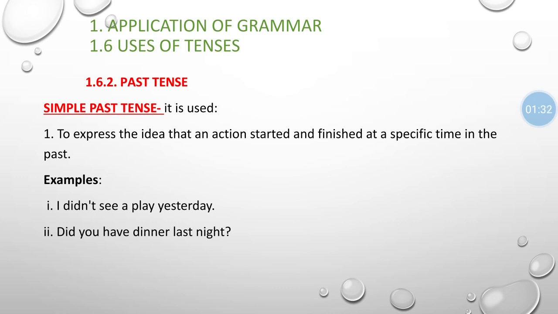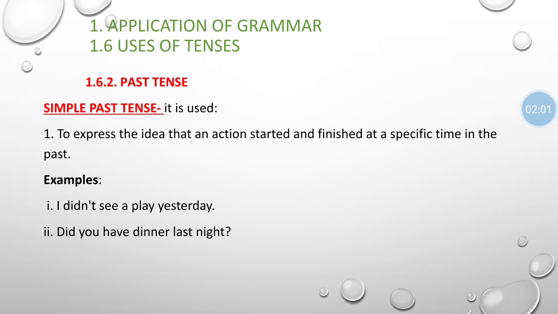Number 1, simple past tense indicates the action is completed in the past. Basically, yesterday, last night, last year, 2 years ago, last week, last lecture. Such past related words are used to indicate the past tense.